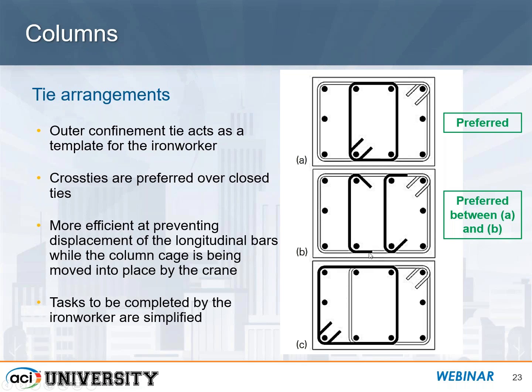Now, in terms of alternating the hooks, the code actually tells us that we need to do this. We don't want to have a plane where all of the 90-degree hooks happen at the same location. And I've seen it where over the height as well, those cross ties are alternated.